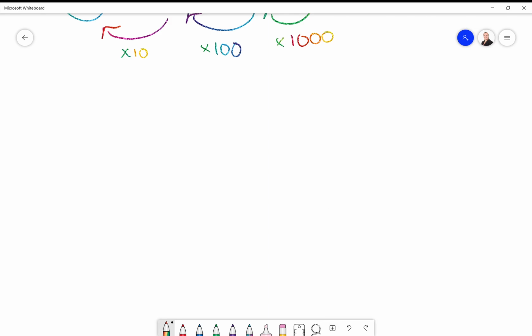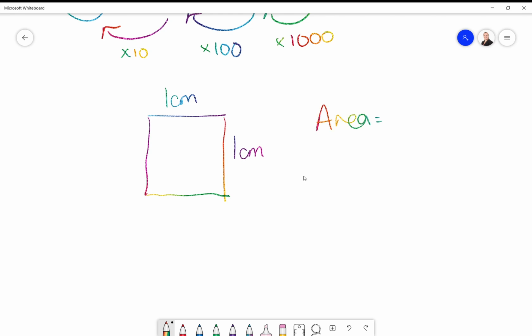Okay, so if I had a square, and this square is 1 centimeter by 1 centimeter, the area of that square is 1 centimeter squared. Yeah, because the area is just 1 times 1, 1 centimeter squared.